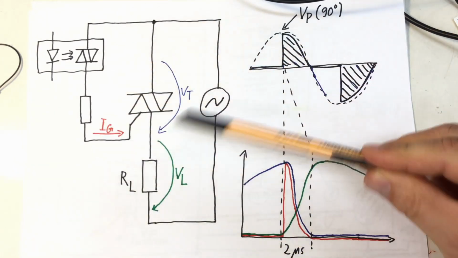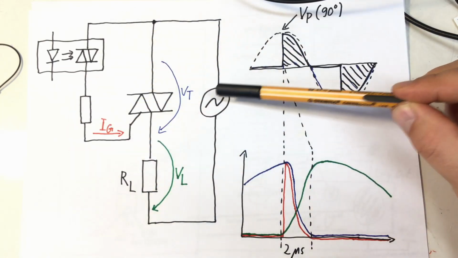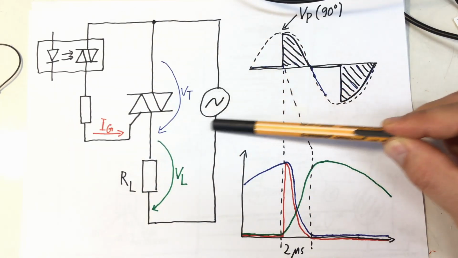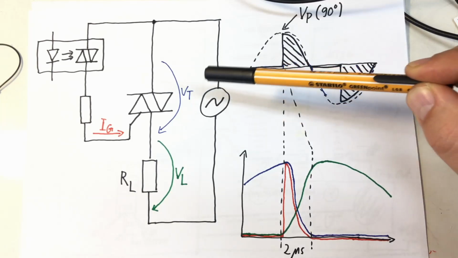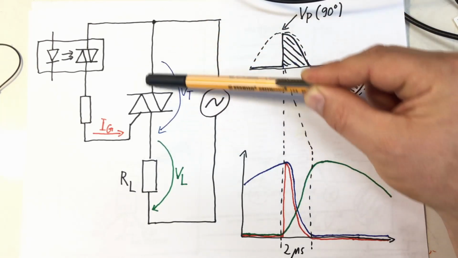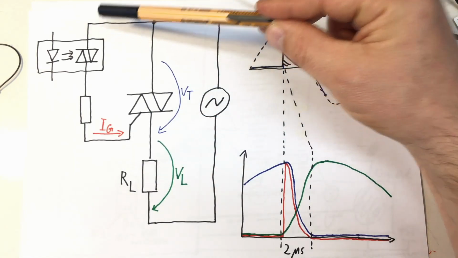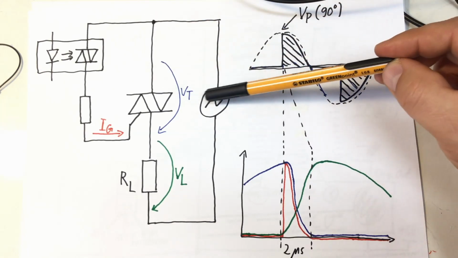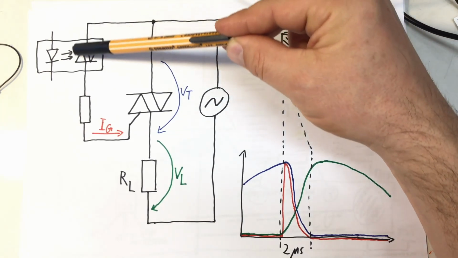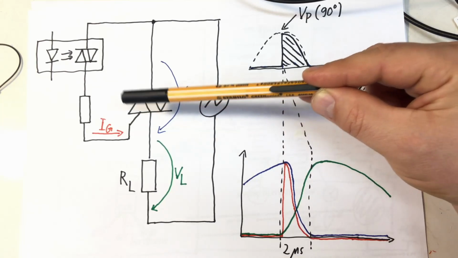At one point in the second part, I think I showed that diagram where we only have our AC source, and our AC source is driving, of course, through the main terminals our load. But at the same time, the AC source is also used to provide current to the gate.